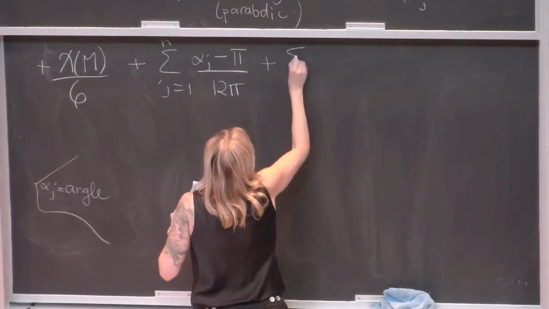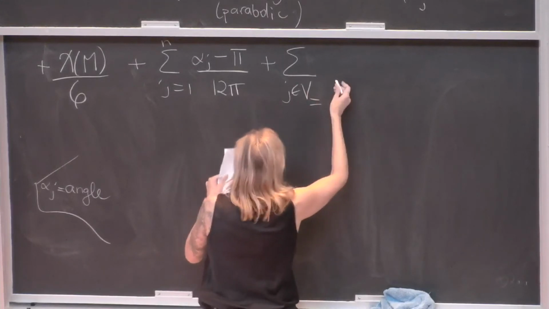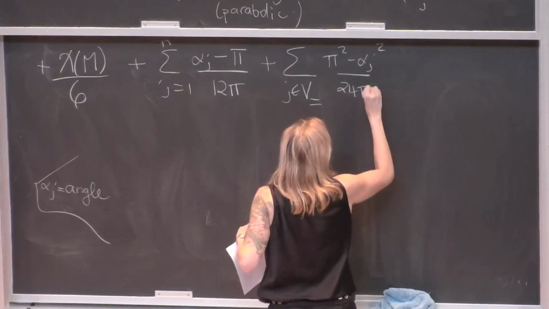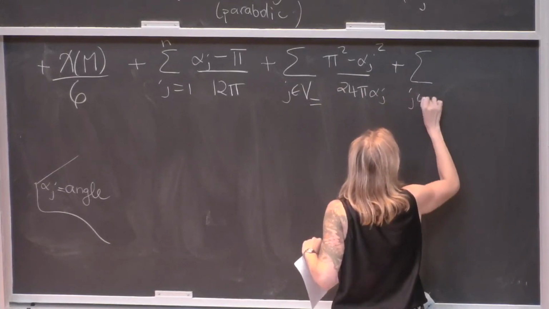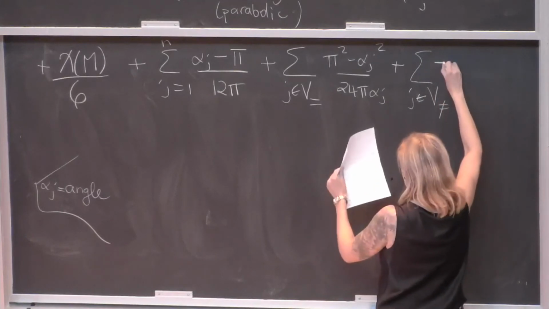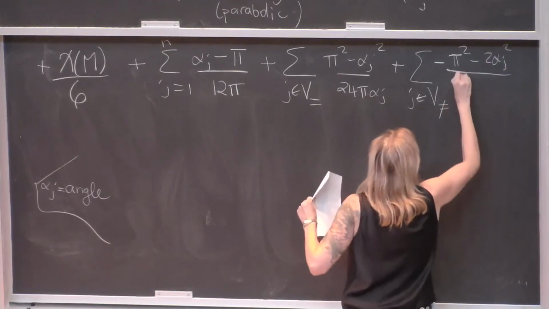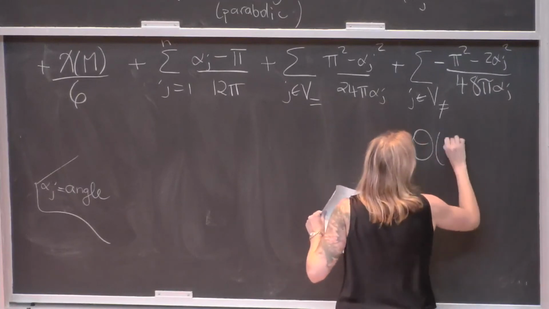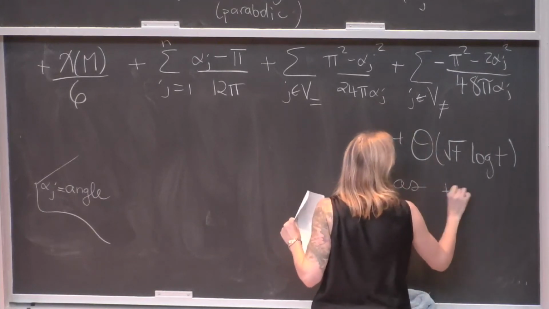And then this term, pi squared minus alpha j squared over 24 pi alpha j, and I'll tell you which these sets are. So this is going to be minus pi squared minus 2 alpha j squared over 48 pi alpha j, and then plus big O of root t log t for t going to 0.